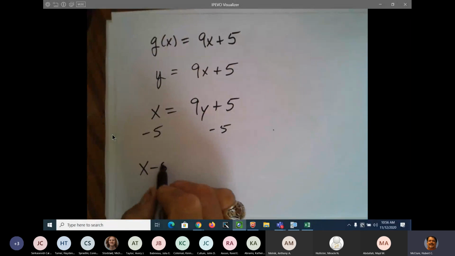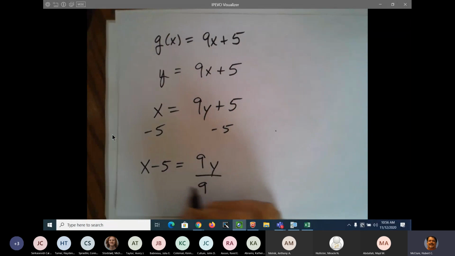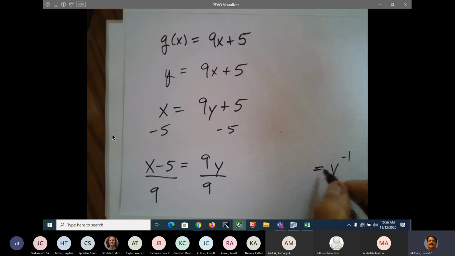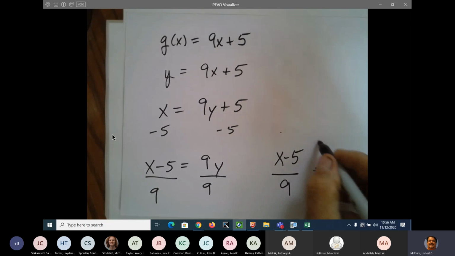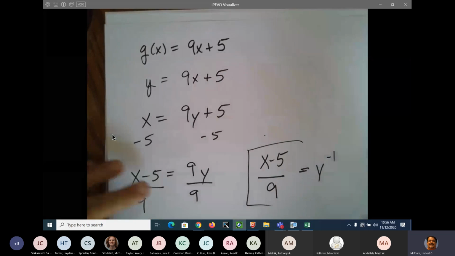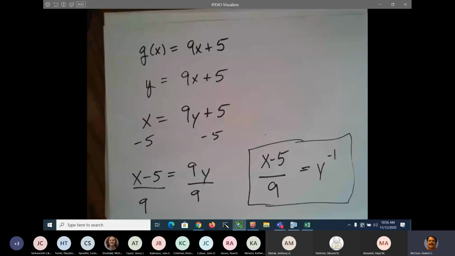X minus 5 is equal to 9y, divided by 9. So y inverse is equal to (x minus 5) divided by 9. That's the test question.